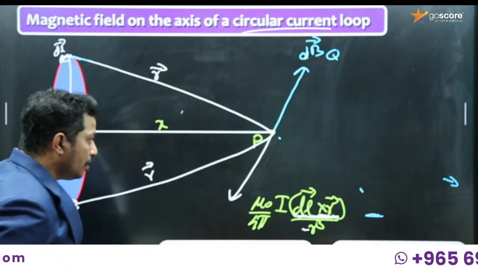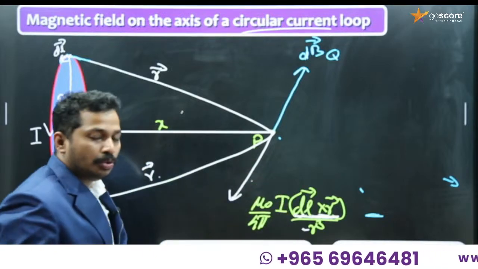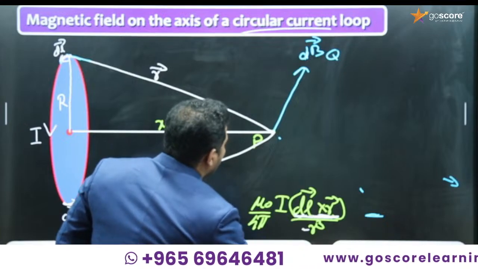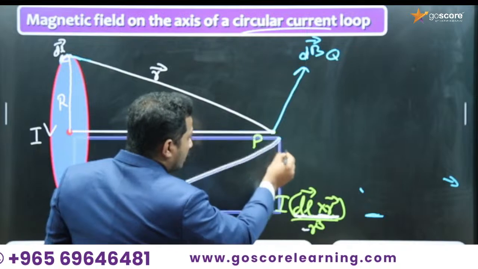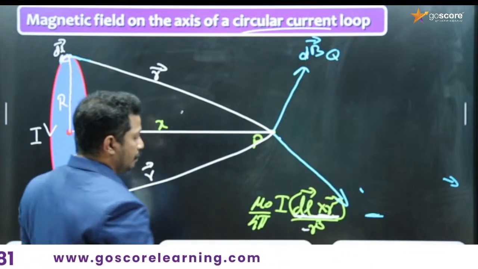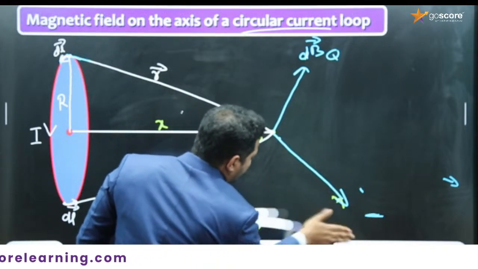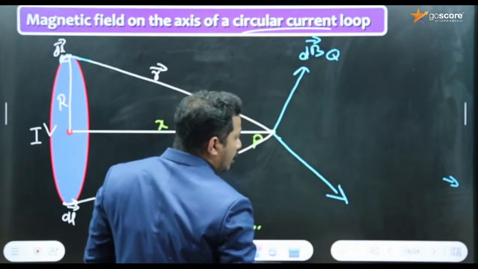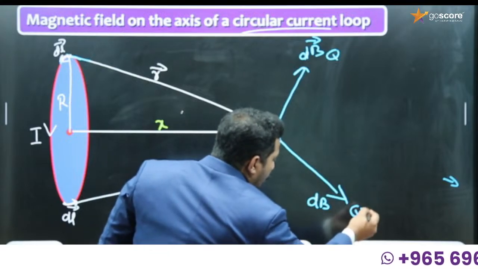No, it is not okay, because the angle between r and the direction of magnetic field should be 90 degree, which is possible only if we have a direction like this. So this will be the direction of magnetic field dB, and I wish to call it PQ dash.